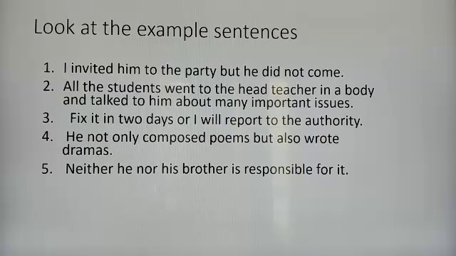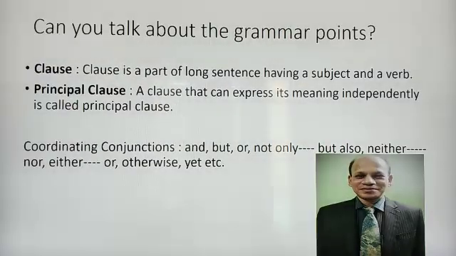Now let us see some grammar points. Can you talk about the grammar points? Yes. You see clause is there. Earlier in complex sentence we talked about clause. Again I have given a definition of clause here.